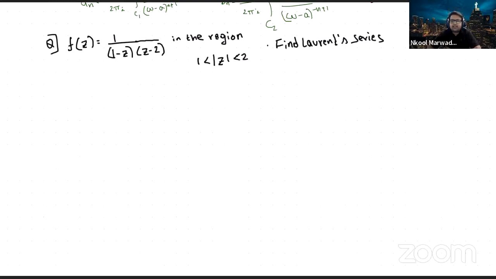Here we can get an idea about the range. We can call it the two concentric circles we have. So this might be the radius of the C1, and this is the radius of the C2 circle. For all the points in this interval, we have to expand this function.